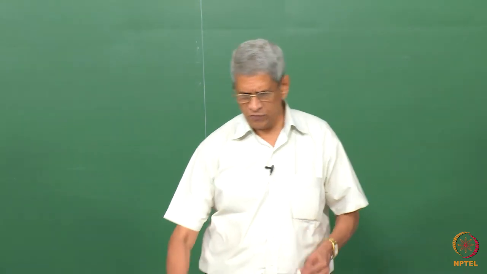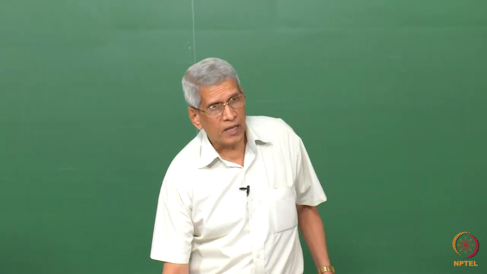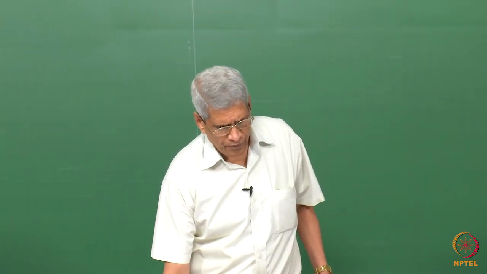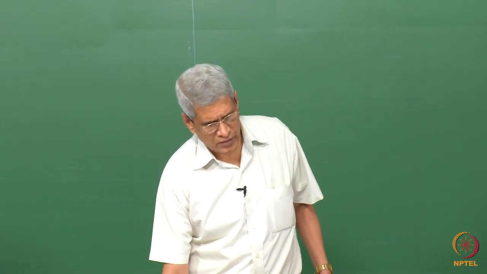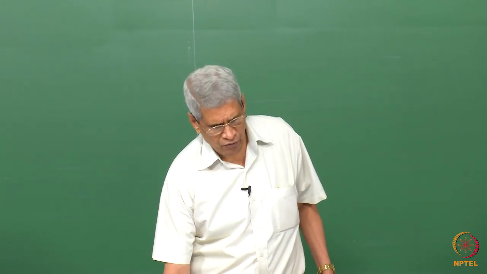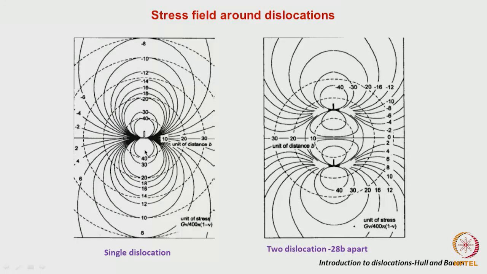If you look at the stress field around a single dislocation, I'm just showing the stress sigma Z over an edge dislocation. If a single dislocation is there, this is the way the isocontours of the stresses are being shown. Both tensile as well as compressive stresses are shown.